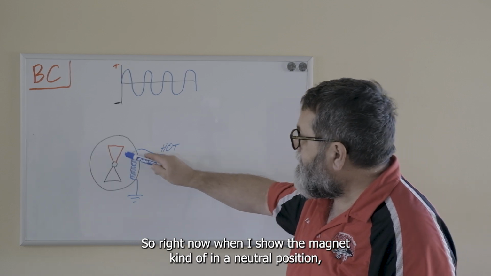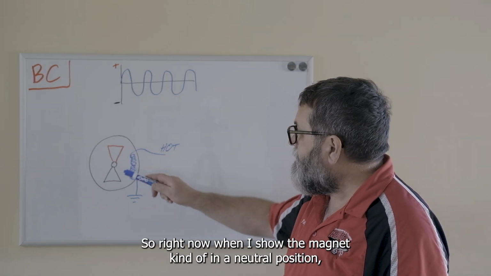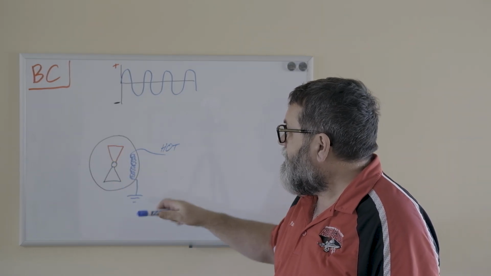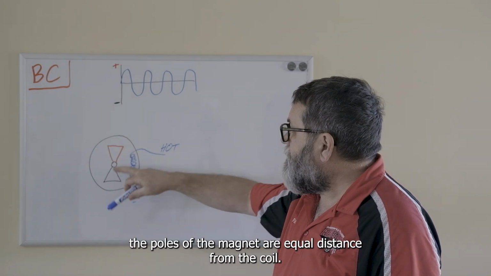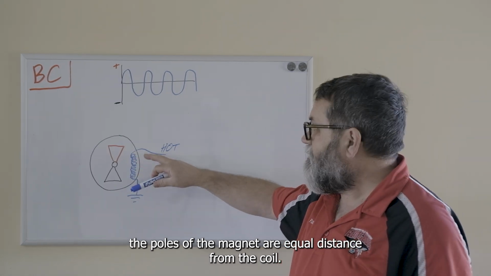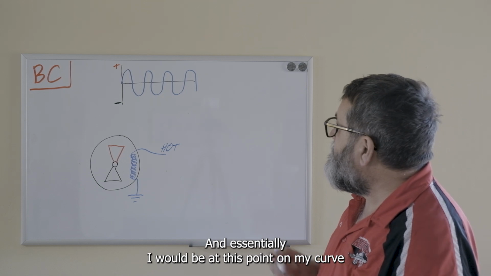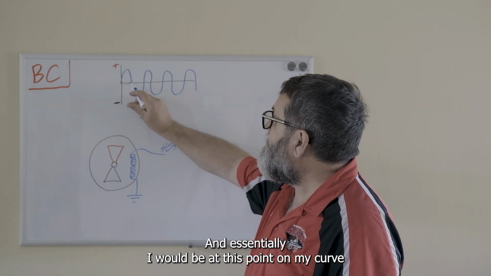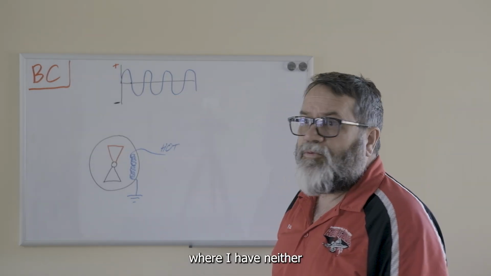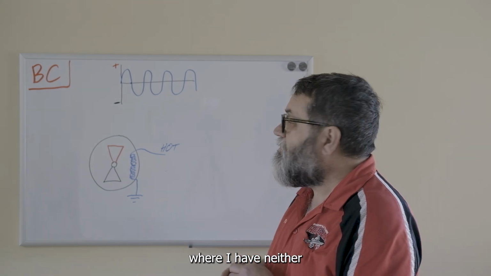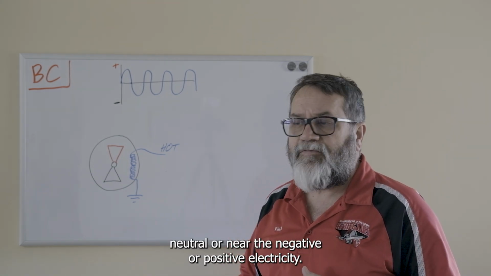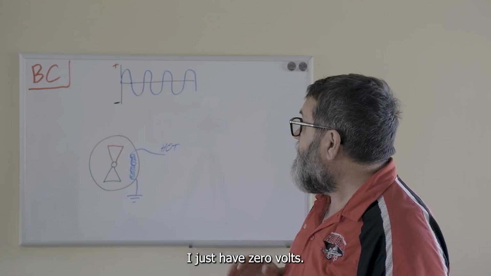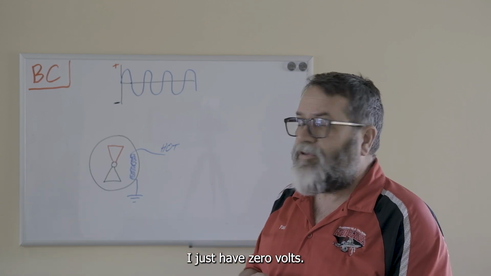So right now, when I show the magnet in a neutral position, the poles of the magnet are equal distance from the coil, and essentially I would be at this point on my curve where I have neither negative nor positive electricity. I just have 0 volts.